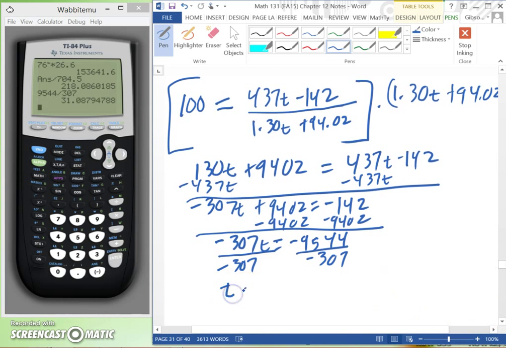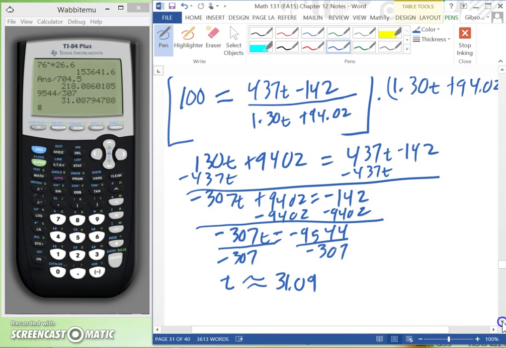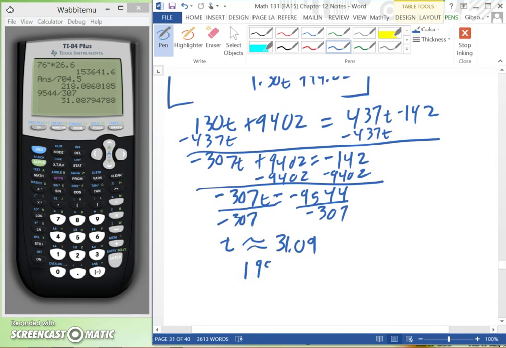So T would be approximately 31.09. Now, we wanted to find out what year this means. So we would take 1990 because this is what it's from, and then we would just add 31. We don't have to add the 09. So that would give us 2021. That would be our final answer.